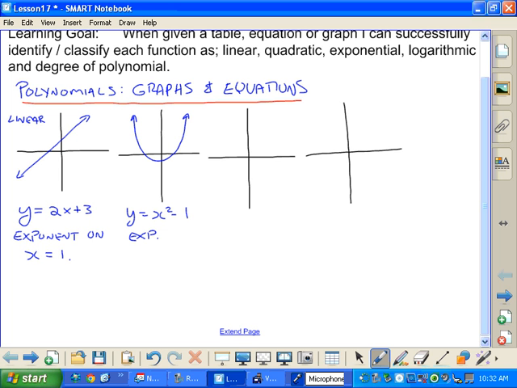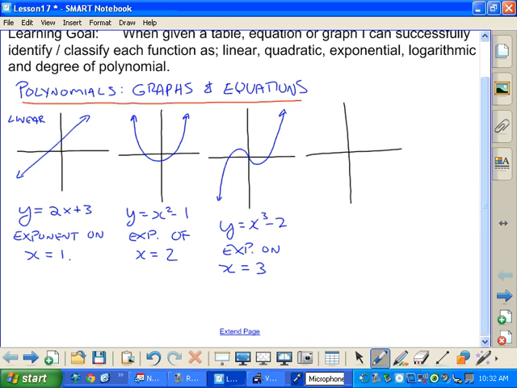Exponent on x is 2. If it's cubic, it'll look like this. So if you see the S-curve shape, you know it's a cubic. So y equals x cubed minus 2, and the exponent on x is equal to 3.